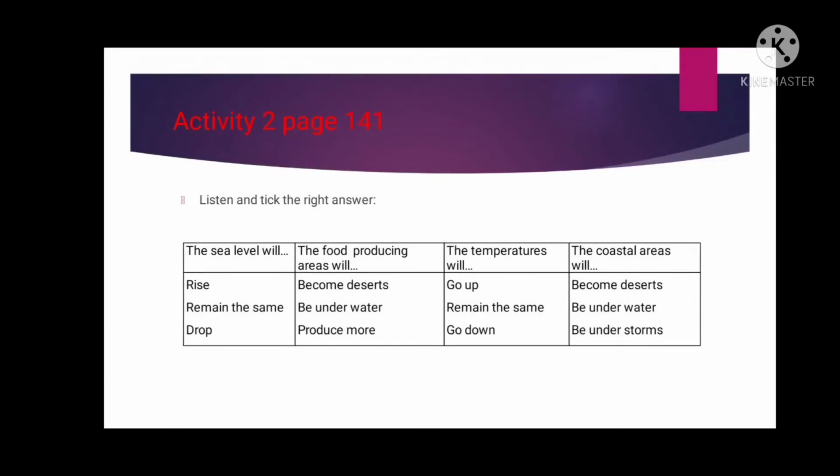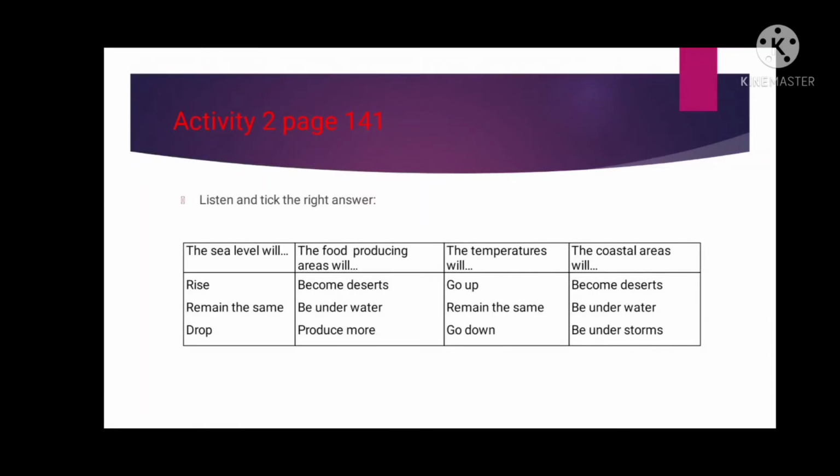This lack of rain, I mean the drought, can transform these areas into deserts. As a result, we will have less food to eat and less water to drink. This is why we scientists are raising the alarm about global warming, which is really a question of life and death to us human beings.